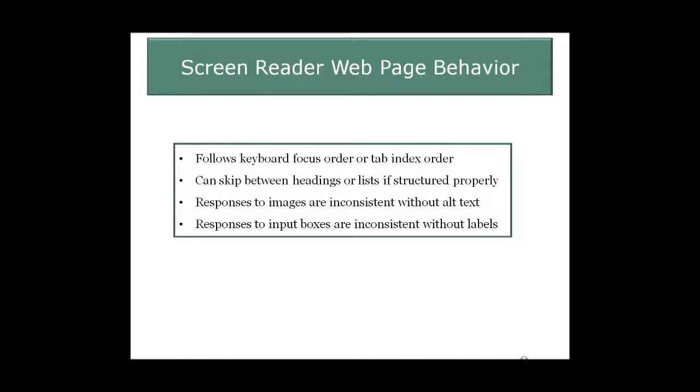Now, the keyboard focus or tab index order refers to how the tab key will move through the screen if you're using the keyboard to move through the screen. And if the keyboard focus order or tab index order is significantly different than the way a sighted user would read the page, that can render a page less accessible.